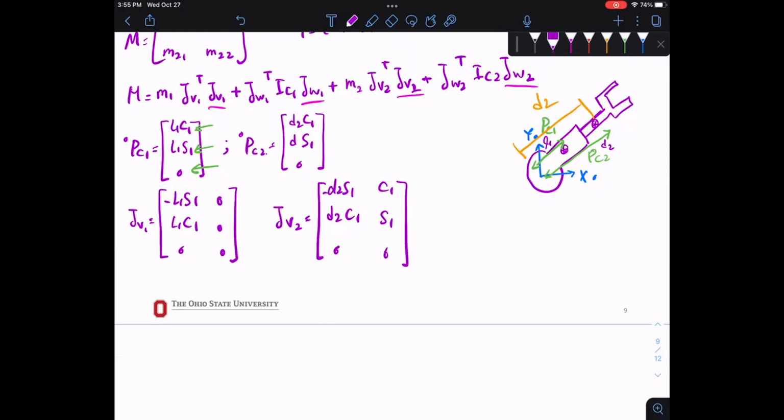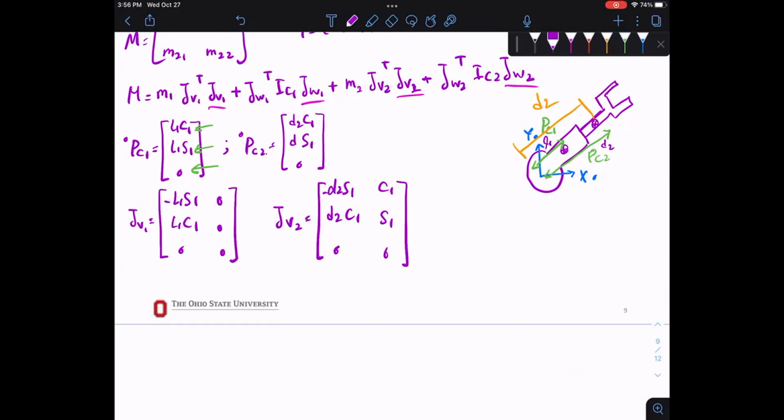For the first Jacobian, you're getting the partial derivative of the first link's center of mass distance with respect to your first joint variable, theta 1. So the partial of L1 cosine theta 1 with respect to theta 1 is negative L1 sine of theta 1, and so forth. The second link doesn't have any impact on the first link's Jacobian, so 0. Now the second link, you move to the fourth part.